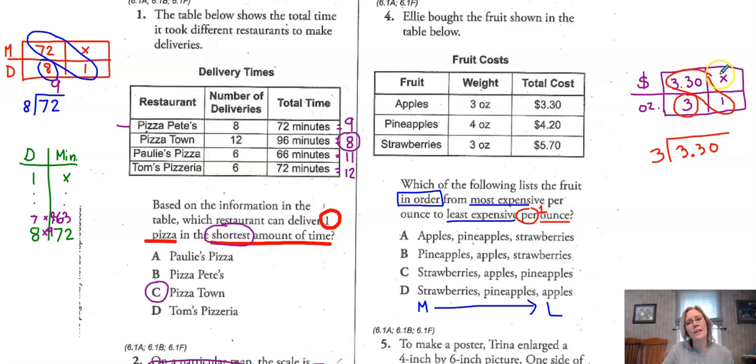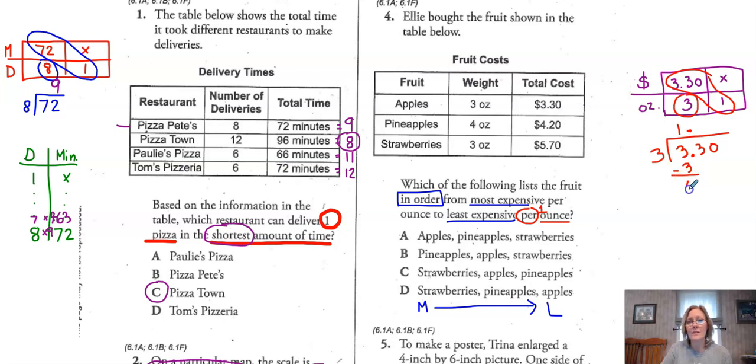To do that, I set it up and said, okay, for 1 ounce, what would it cost? There's my X. Multiply, divide. Well, it's just like this one over here. All we're going to be doing is taking the first number and dividing it into the second number. But we do have decimals in this one, so we have to be careful to place our decimal properly. 3 will go into 3 once, and then we go through our steps.